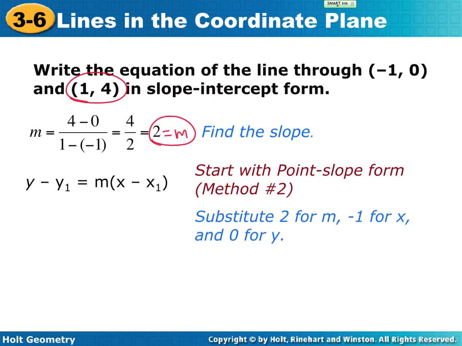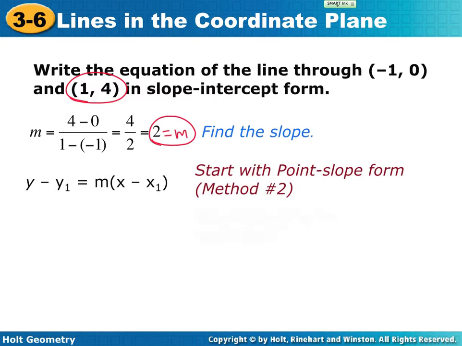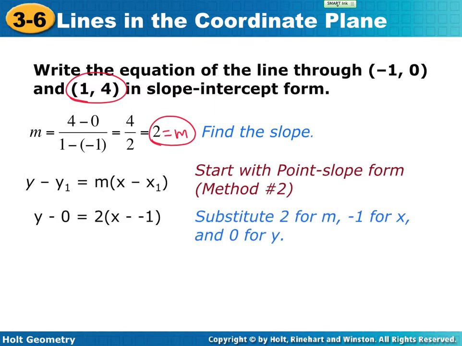Okay, what do you have, Ben? Y equals 2x plus 1. Is he right? Okay. What's it supposed to be? Let's see. I guess in my sample I used the other one. Did you use the 1, 4 as the point? No? You used the negative 1, 0? Okay, negative 1, 0. So he tried this other one. Let's see what happened here.